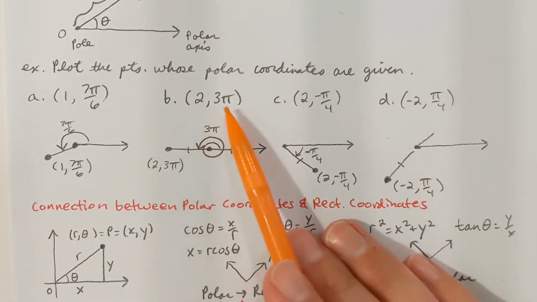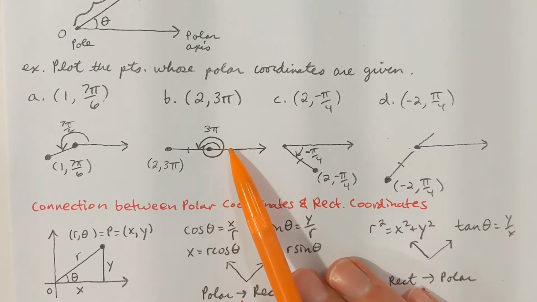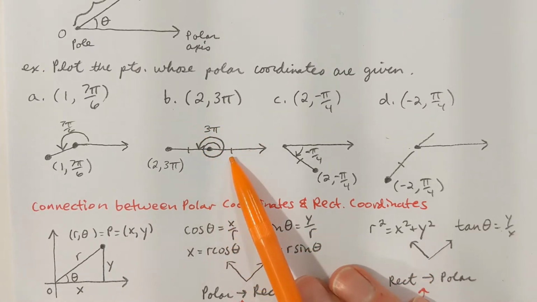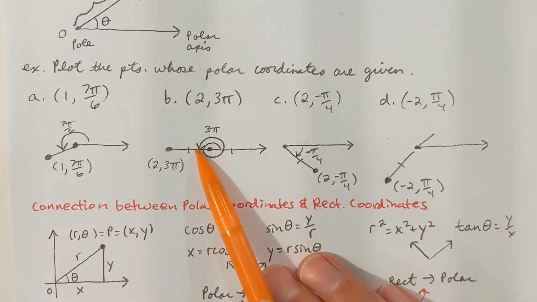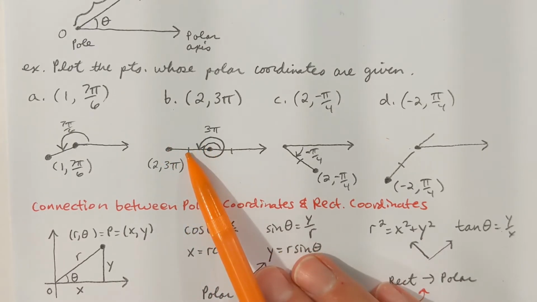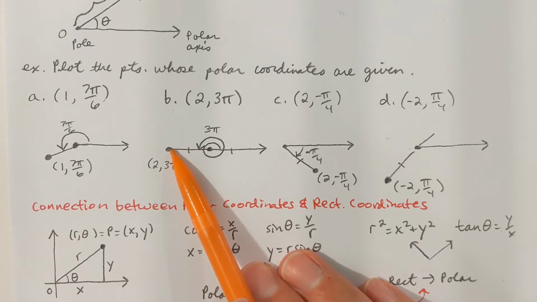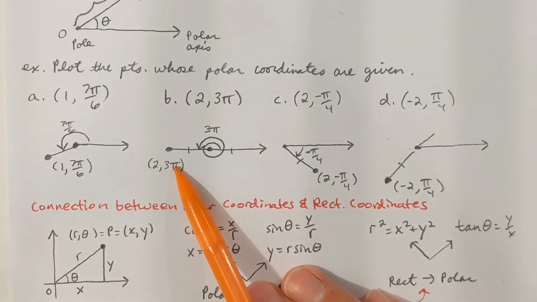Here's another point, 2, 3 pi. If we begin by going 2 units out on the polar axis, and then we rotate that, 1 complete revolution around the pole is 2 pi radians. If I go another half revolution, then I would be on the 3 pi axis. So I want to be going 2 units out on the 3 pi axis. Now that point, 2, 3 pi, would also have the same coordinates as the point 2, pi, right?